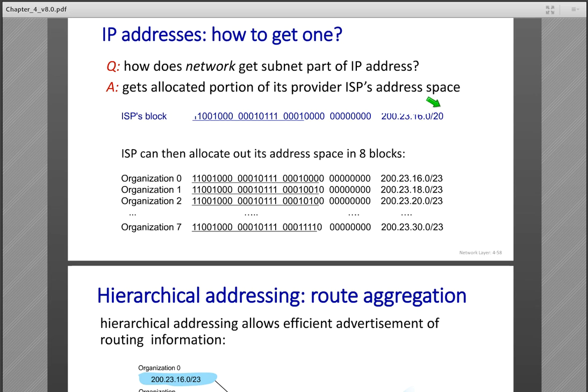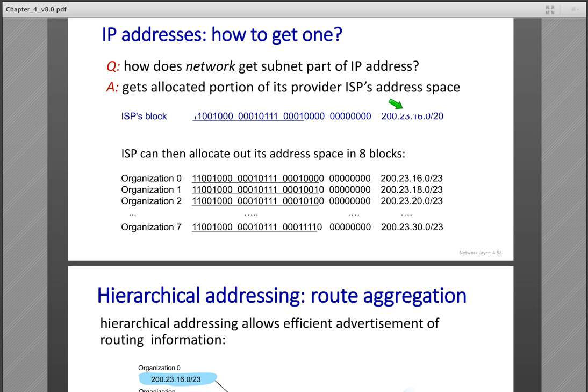This ISP buys this range of IP addresses. Here you can see the binary notation of these addresses. And this ISP decided to divide this space between 8 different blocks or 8 different networks.